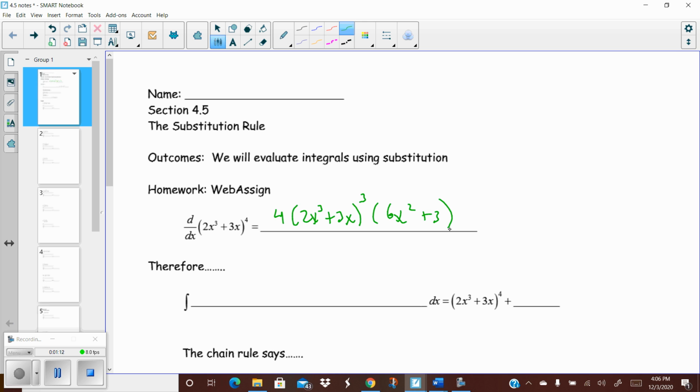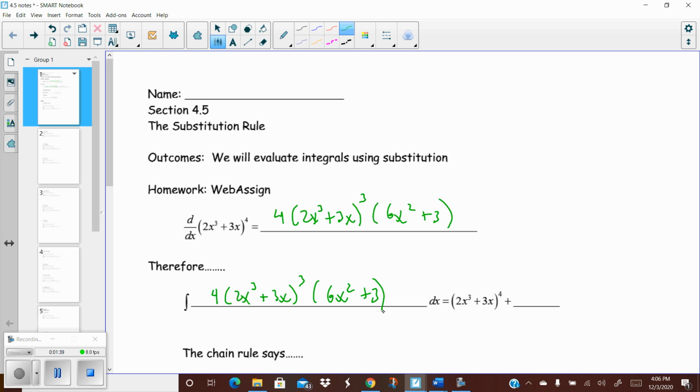Well, then it stands to reason that if I was to take the integral of the derivative that I just found, so the integral of 4 times 2x cubed plus 3x to the third power, times 6x squared plus 3, I would get back to the original function that I took the derivative of.